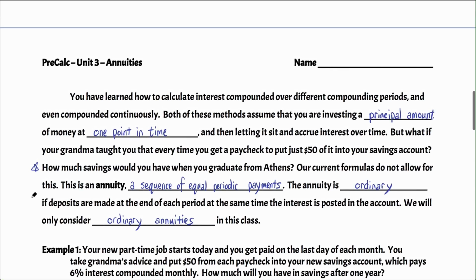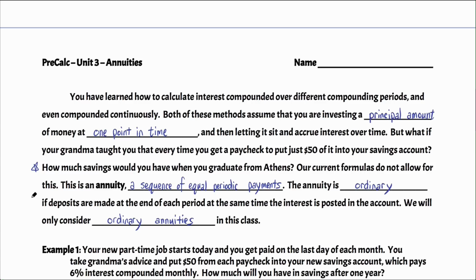Example 1 says your new part-time job starts today and you get paid on the last day of each month. You take grandma's advice and put $50 from each paycheck into your new savings account, which pays 6% interest compounded monthly. How much will you have in savings after 1 year?